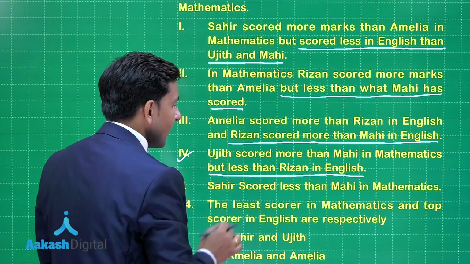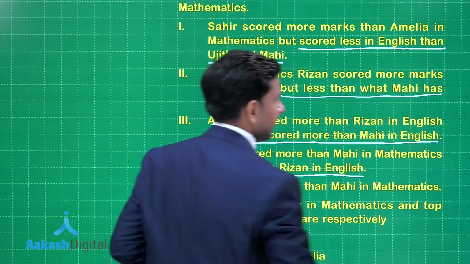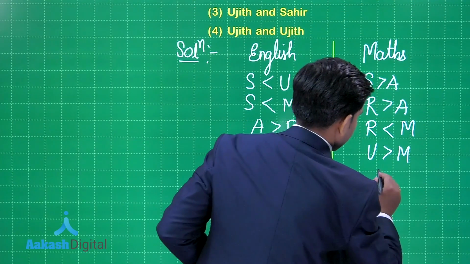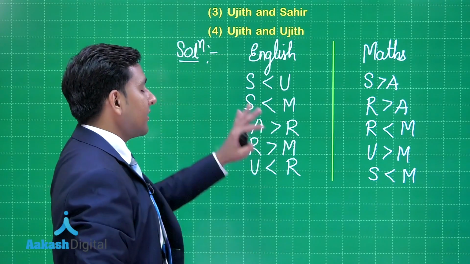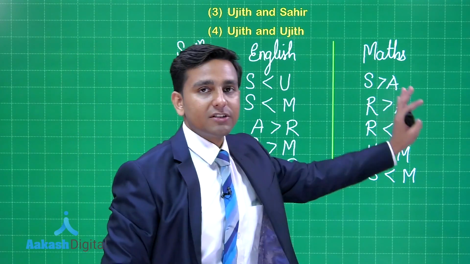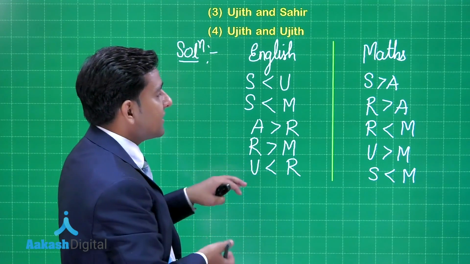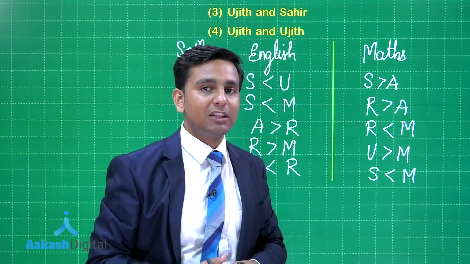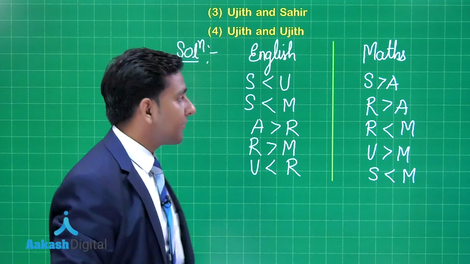That is, Sahir scored less than Mahi in mathematics. So these are the relations for subject English and for subject mathematics. Now let's combine these relations separately for English and mathematics. Then we can arrive at a particular conclusion.